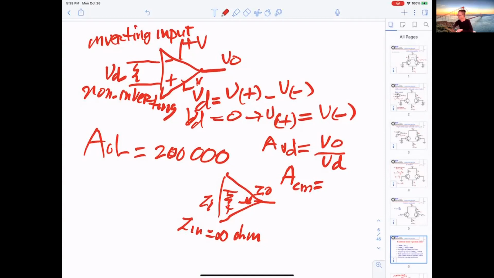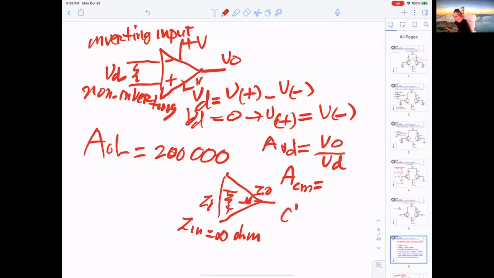Basically it equals V out of the ACM divided by V in of the ACM.